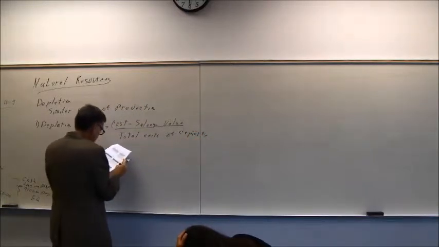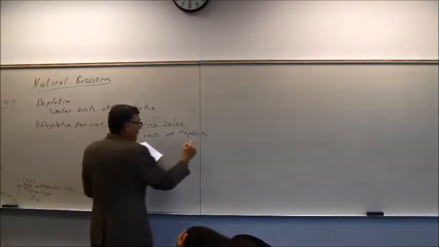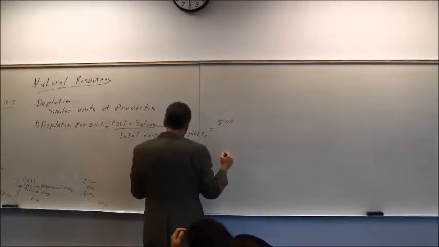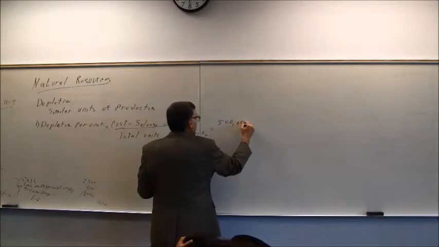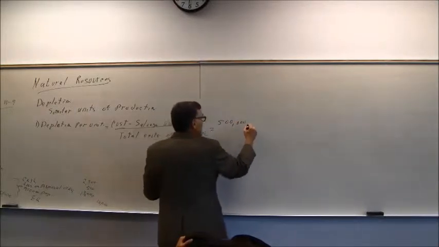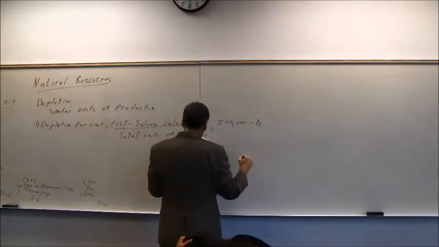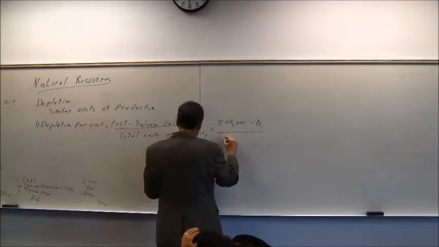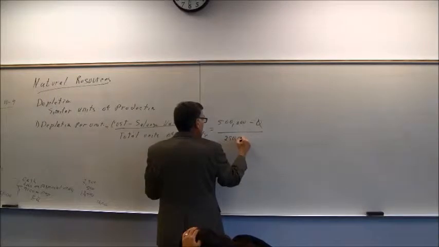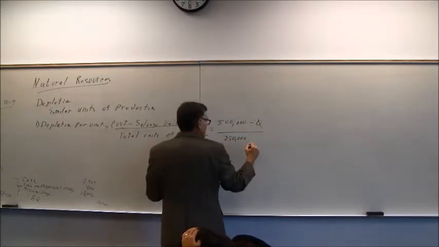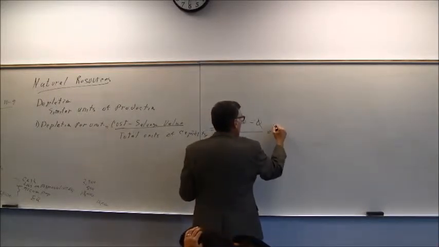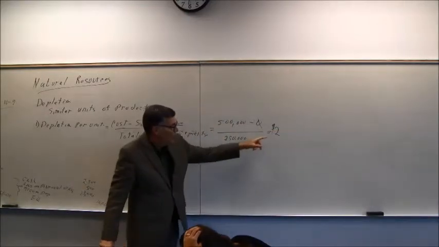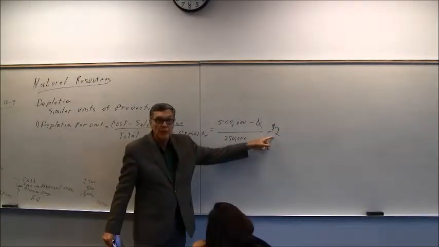So, in this example, you pay $500,000 for the mine. At the end of its useful life, you expect it to be worth zero, and you expect to extract 250,000 tons of ore. That means every time you take a ton of ore out of the ground, $2 was depleted.